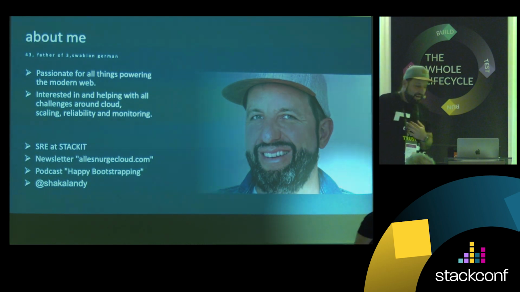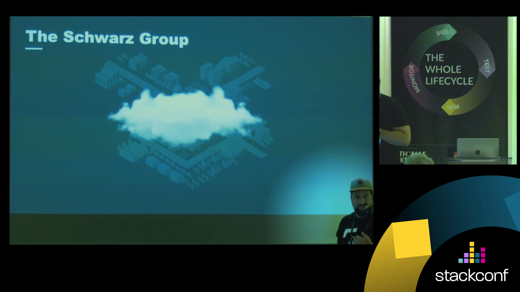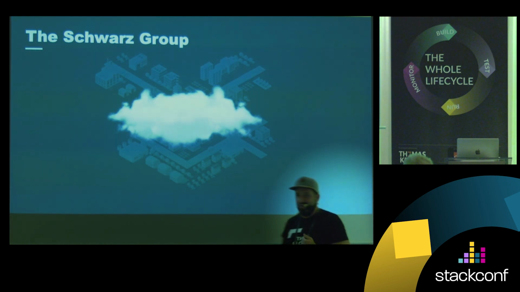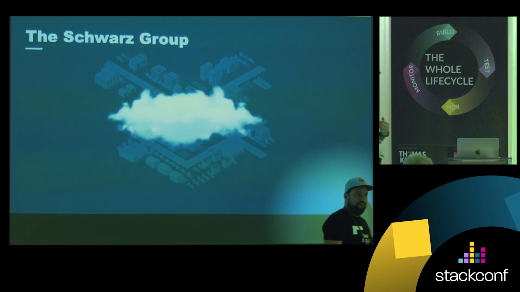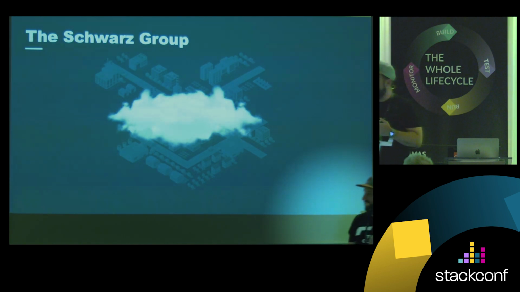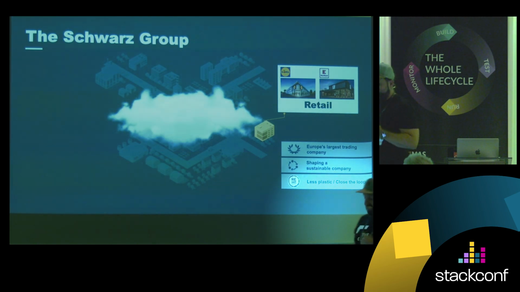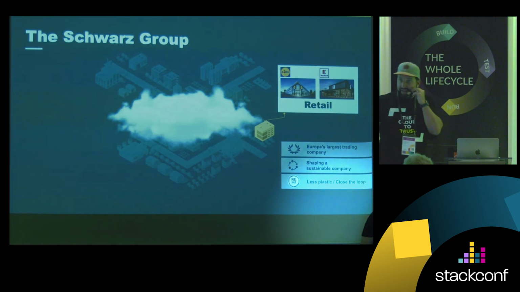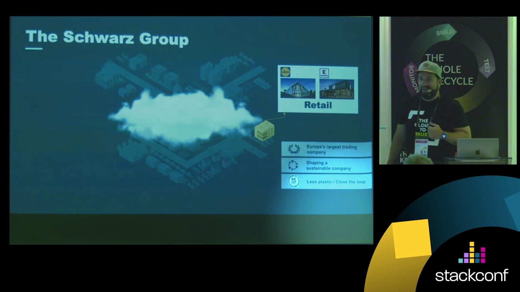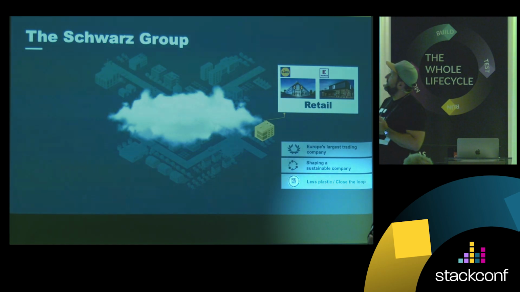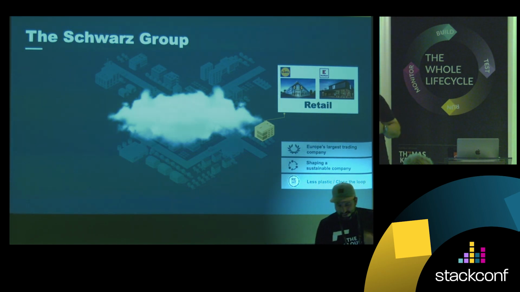So, and now some thoughts about Schwarz Group. So you've read Schwarz IT, and everybody is complaining, what's Schwarz IT again. So basically we are the Schwarz Group. We are Europe's largest retailer with the main brands Lidl and Kaufland, which you might finally know. And Schwarz IT is the IT company behind it.